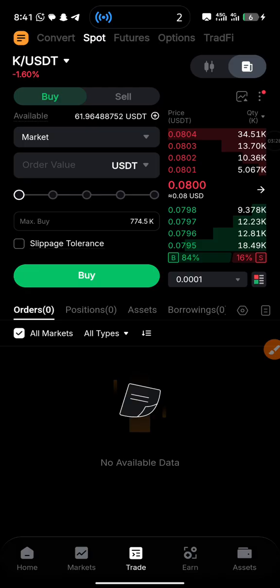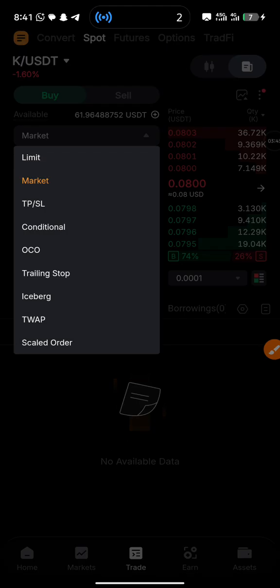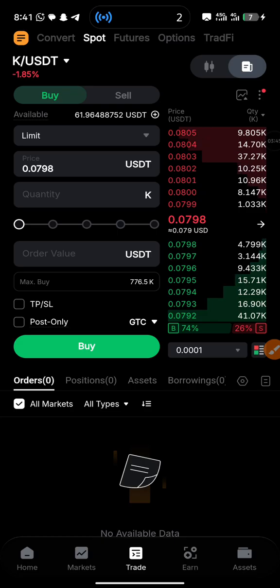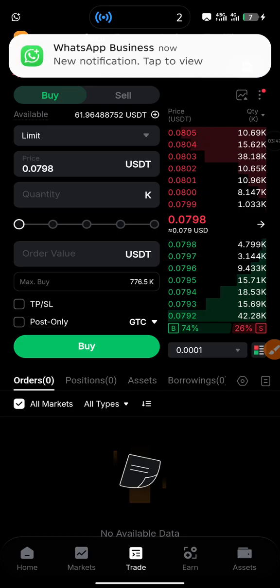Maybe you choose long and it's going short, maybe you choose buying and it's selling. You just need to set your stop loss so that it will not knock you out and liquidate your fund. All right, so let's quickly start setting up this stop loss and also the take profit.